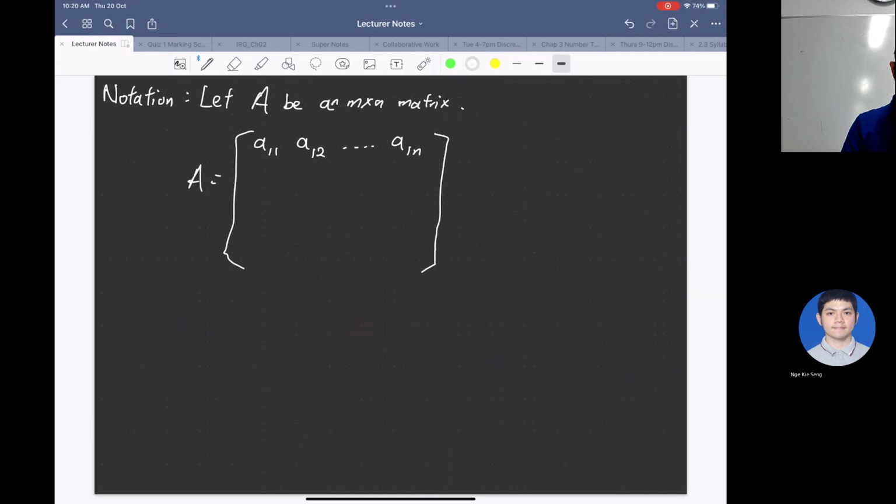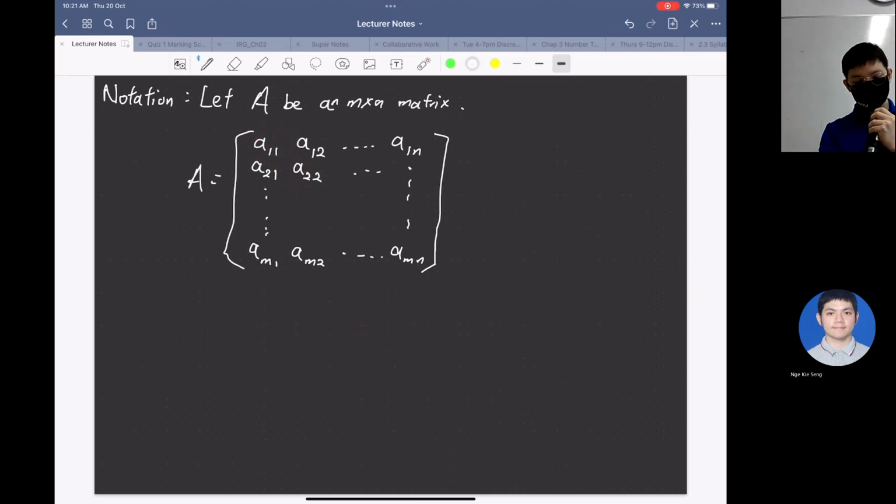Okay, n columns. Going down we have A21, and so on all the way up to Am1. Here we have A22, and the bottom row has Am2 and keeps going until Amn. If it is a square matrix, you can notice the diagonal terms are the Aii terms.